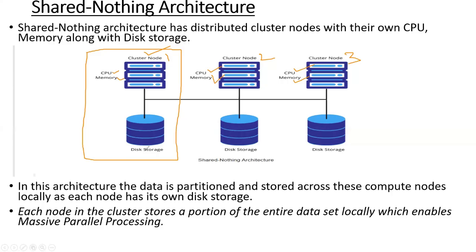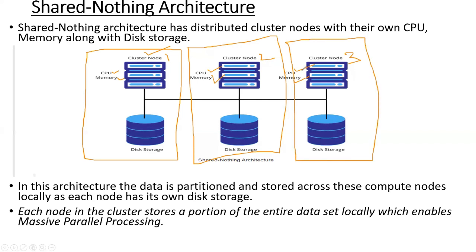Similarly for cluster node 2, we have CPU, memory and disk storage. And cluster node 3 also has CPU, memory and disk storage. So each one has its own CPU, memory and disk storage.